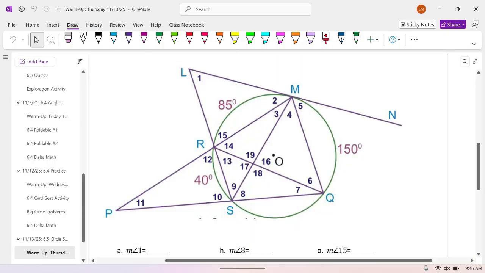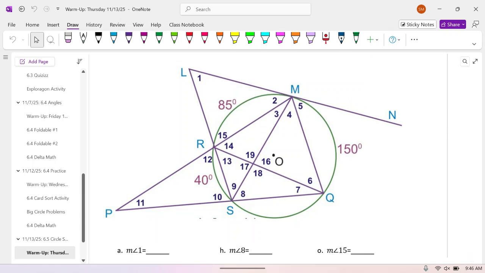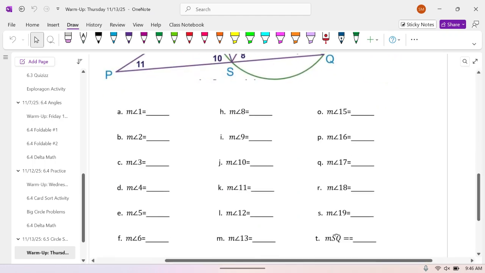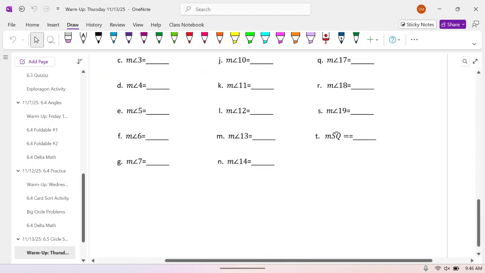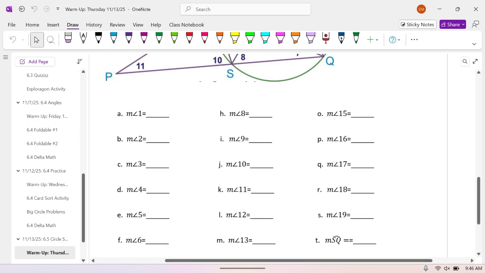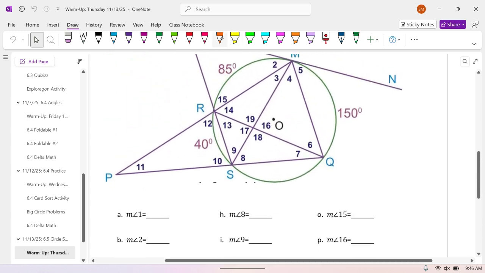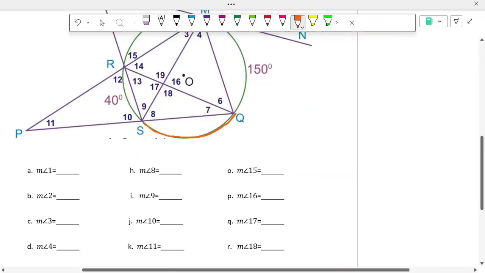All right. So the very first thing I would have done is make sure all of my arcs have been found before I do anything. If you look, letter T is asking you to find the measure of SQ. So this arc right here. How would I find it?